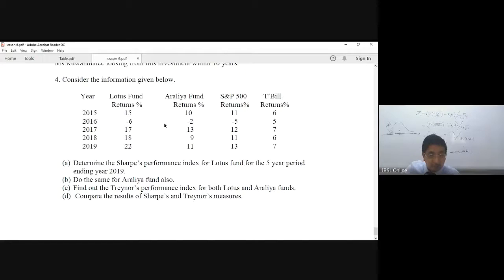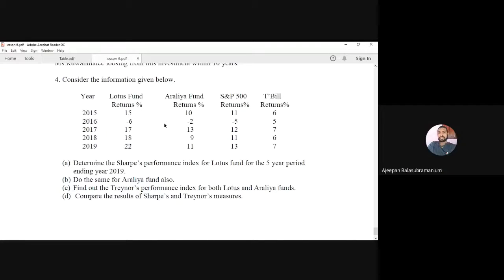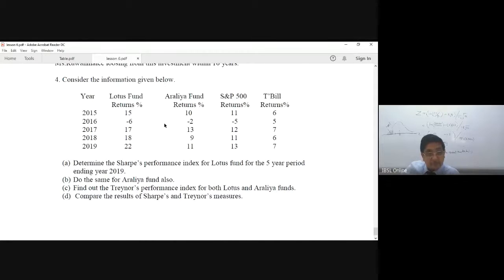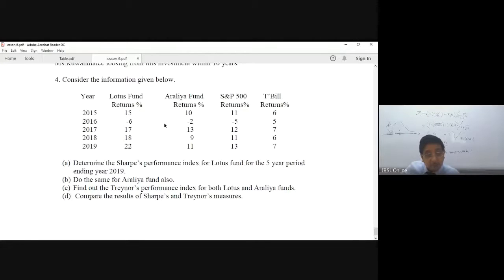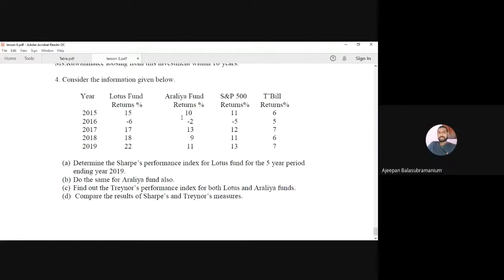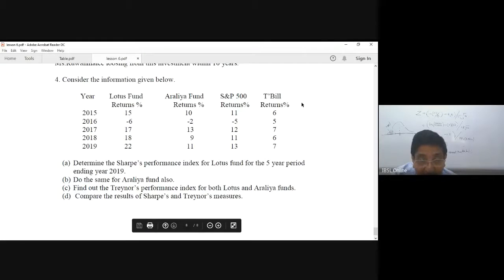Beta can be calculated by using the capital asset pricing model, because here you have the fund returns, the market returns, and the T-bill returns. The average of the T-bill returns will give you the risk-free rate. So you will be in a position to calculate beta using the values here.